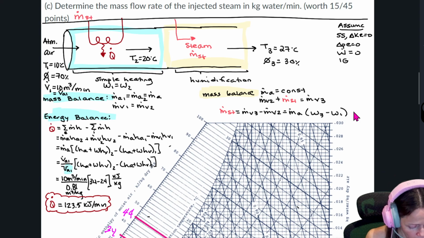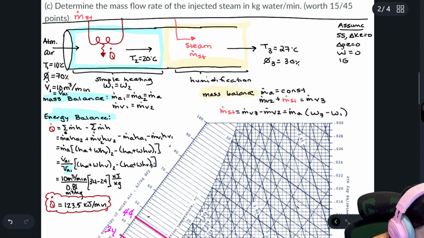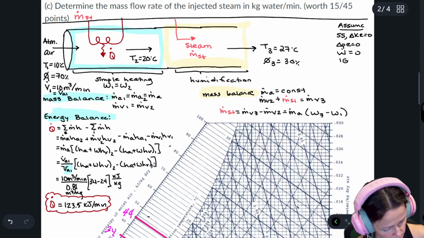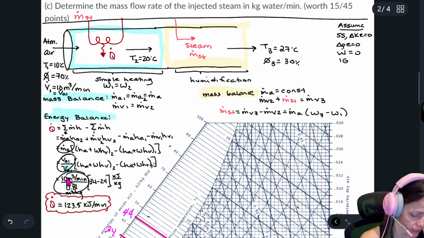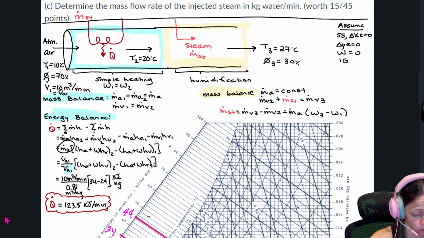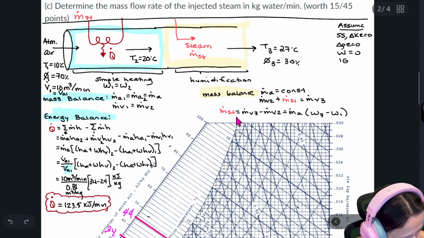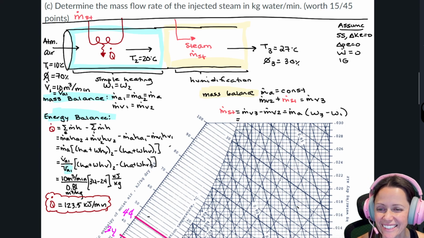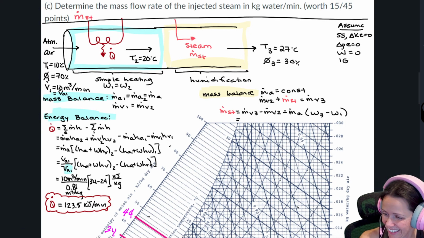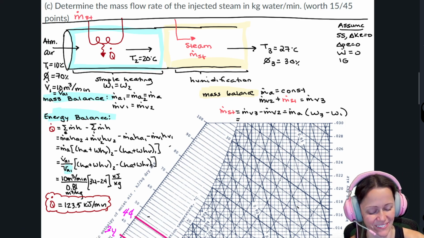Well, if I look at what that mass flow rate is, it's just 10 divided by 0.81. So we do have that information. What's 10 divided by 0.81? I was hoping it was written down somewhere, but I guess not.